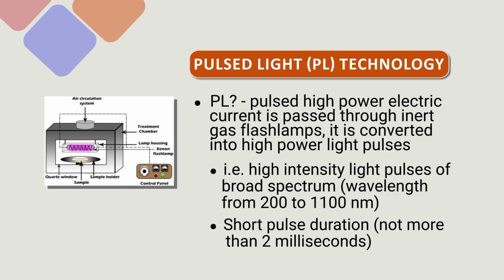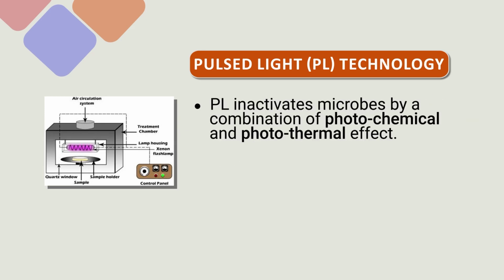Also important is the very short duration, not more than 2 milliseconds. In pulsed light, we are attempting inactivation of microbes, and the effect generated is a combination of photochemical and photothermal effect.